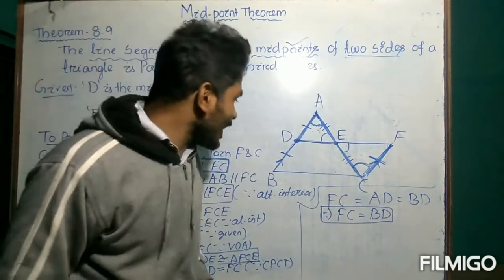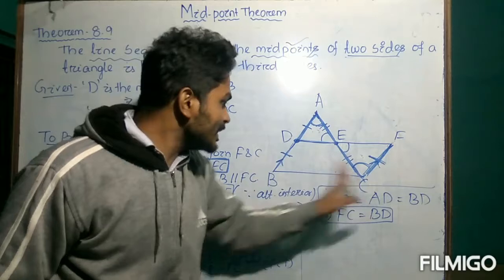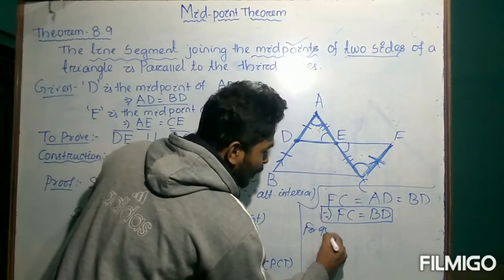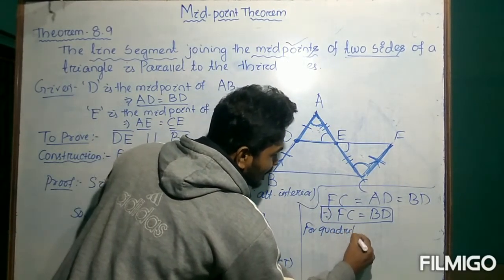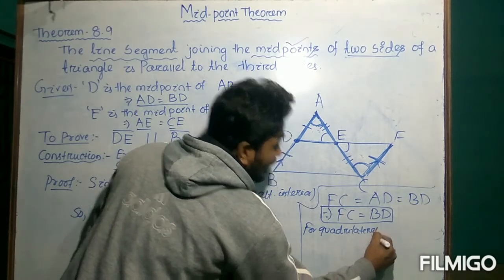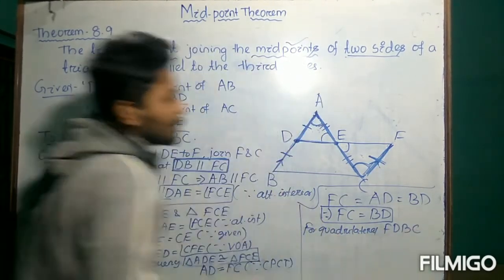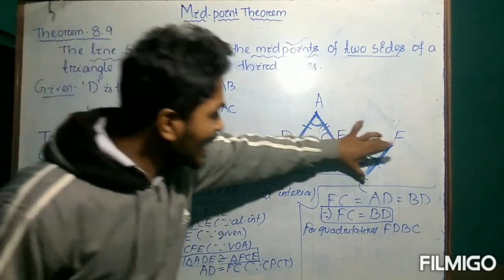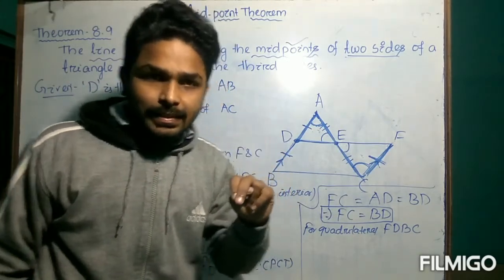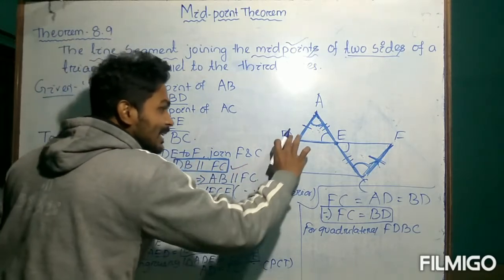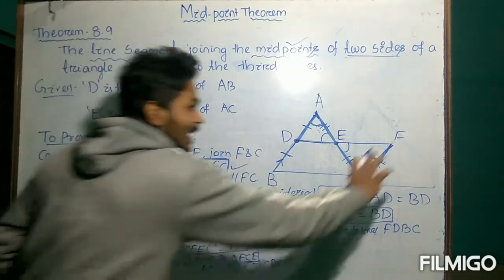Now just consider the quadrilateral FDBC. Okay, so BD and FC are a pair of opposite sides. Already by construction we have taken that this DB is parallel to FC.